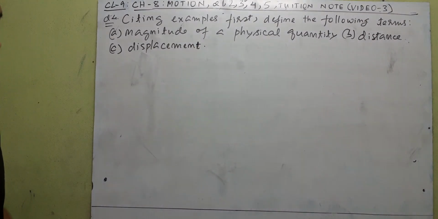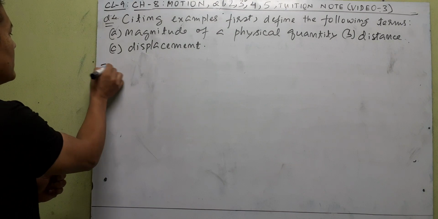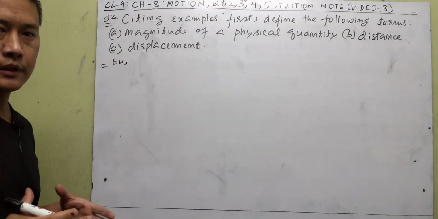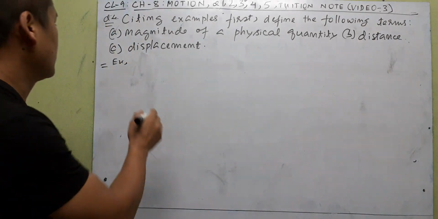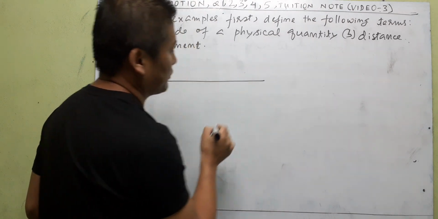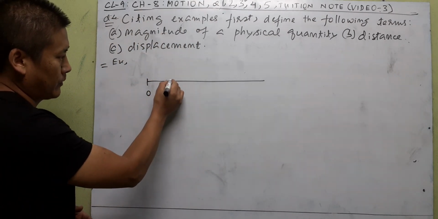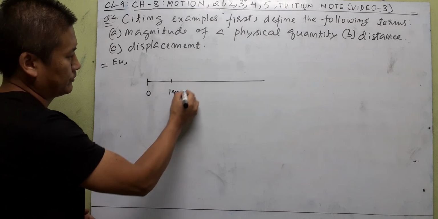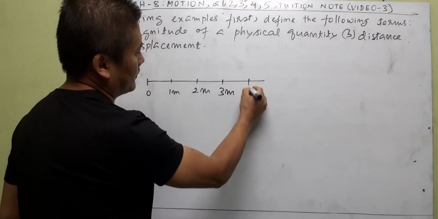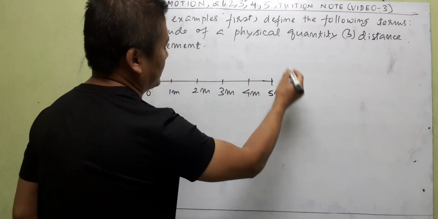Okay, now in order to do this, let us start with the example again. Okay, so our answer. Now your example again, because that way we're finding it easier, right? Next here, let us say there is a swimming pool here. This is the swimming pool. Starting point is 0 meter, then 1 meter, 2 meter, 3 meter, 4 meter, and then 5 meter.